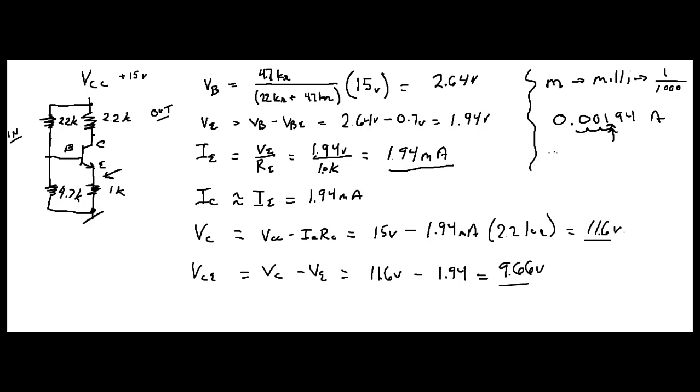Remember kilo, K, if you're talking kilo ohms, that's equal to 1000. So if we have 22K ohms, that basically is equal to 22,000 ohms. Alright?